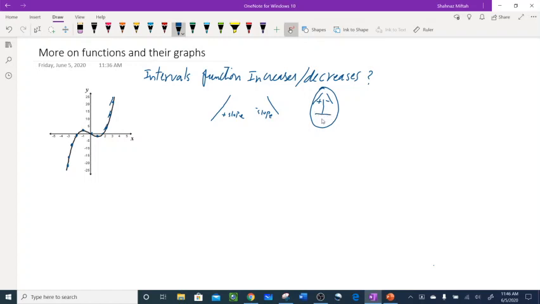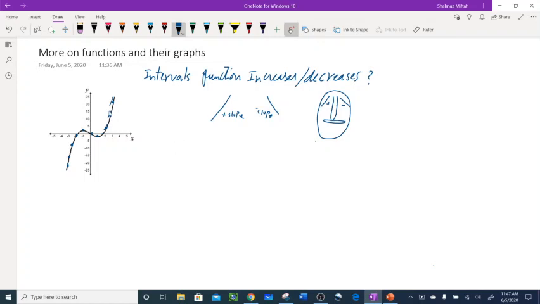Let me try again, it has been a long time. Positive, negative, undefined, and then we have 0. So positive slope, negative slope, undefined, and 0.